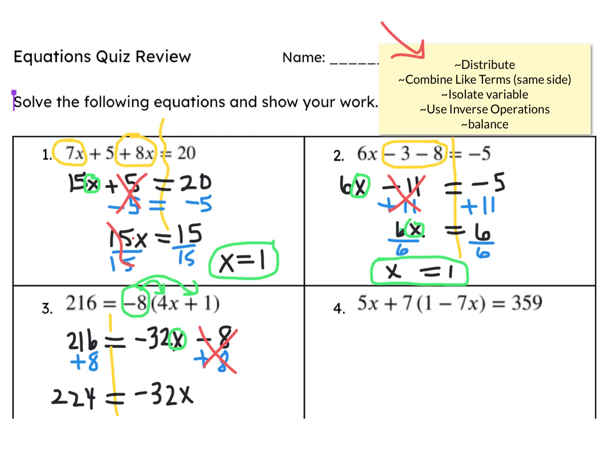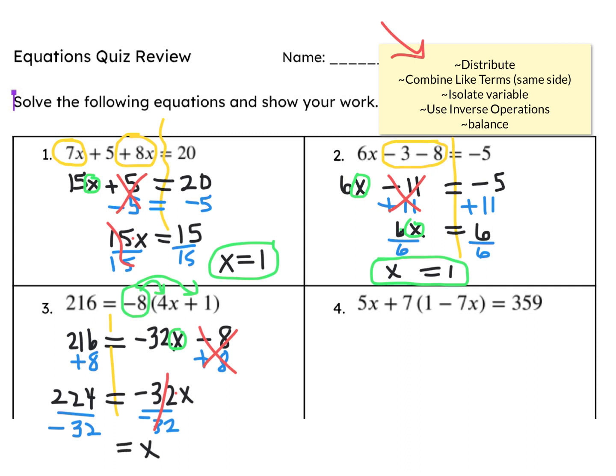Okay, so when the negative 32 is next to the x, that means multiplication. The inverse of multiplication is division. We will divide both sides by the negative and the 32. Make sure you take the negative with it. Eliminating over here, the negative 32 divided by negative 32 is 1x, which is simply x.